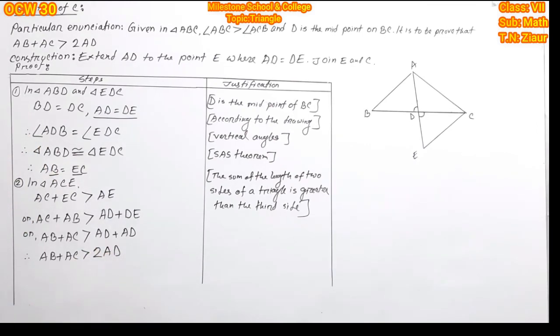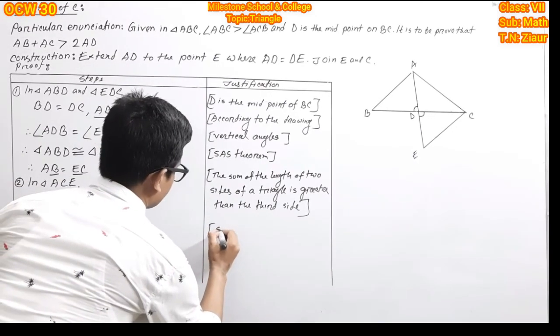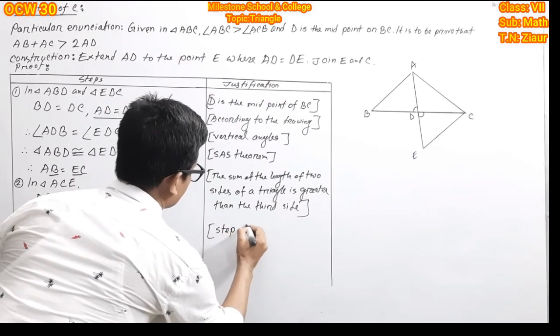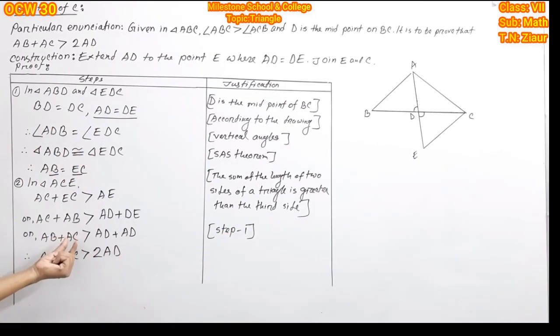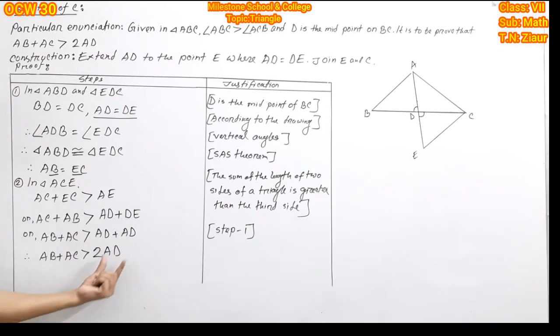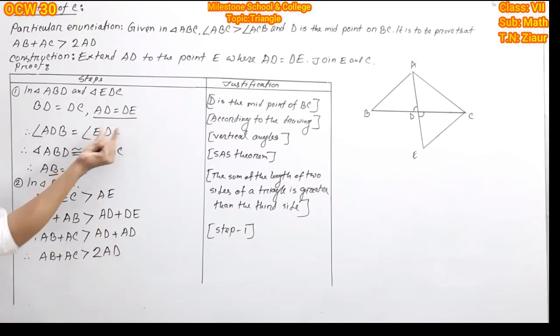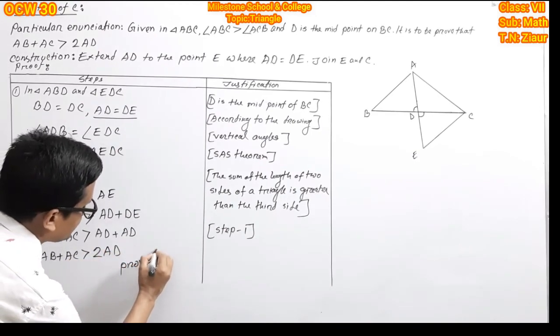And we got this one, that is step 1 form. Okay, step 1 we got. That means EC is equal to AB, and this one we have written in step 1. Okay, already I have shown you. So this one is proved. Have you understood, students? I hope you understood.